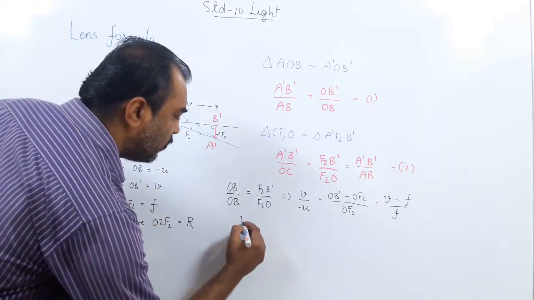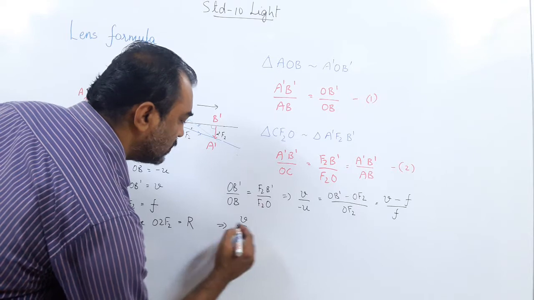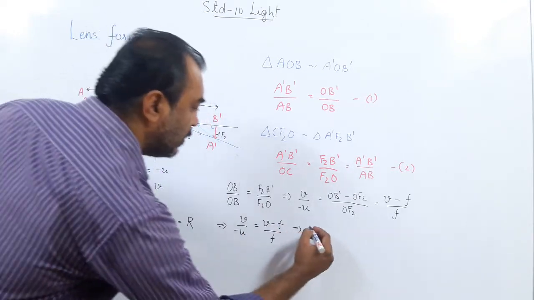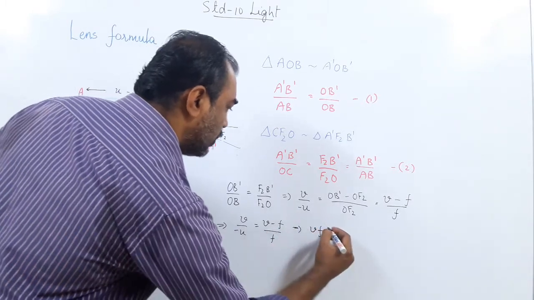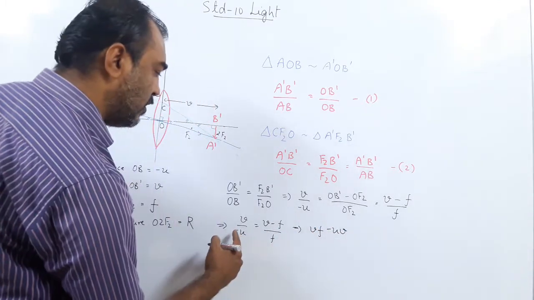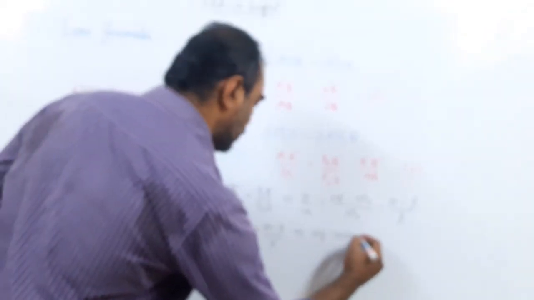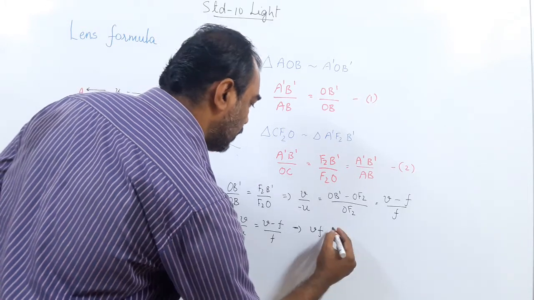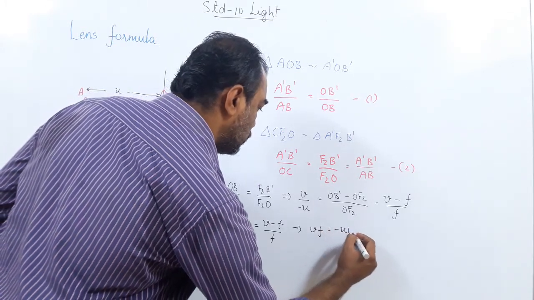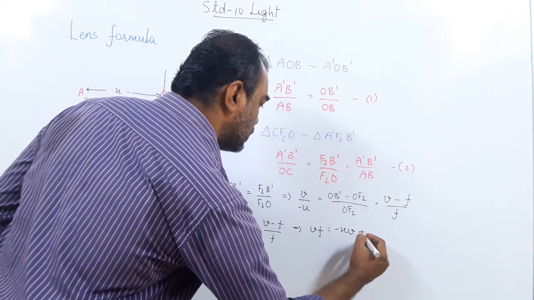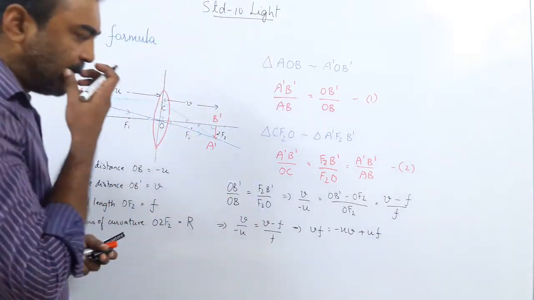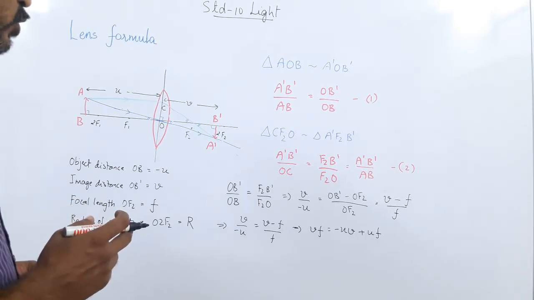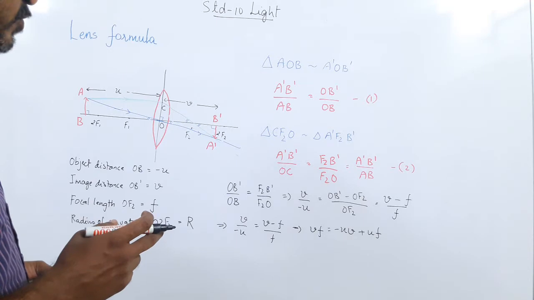We have V upon minus U equal to V minus F upon F. Cross multiply: Vf equal to minus UV plus UF.